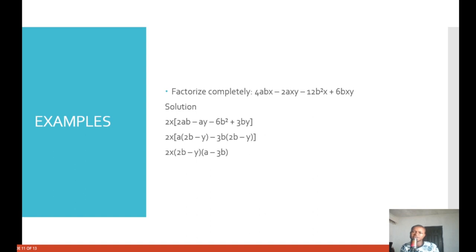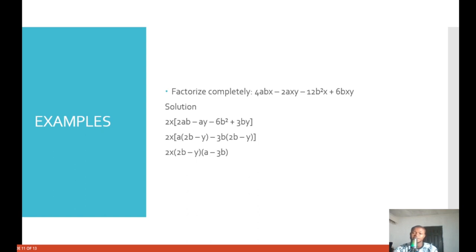Here we can see that 2x is common to all the expressions, so I've brought out 2x, and you can check that this is true. We factorize the one inside the bracket and arrive at this answer. You can take your time and check. It's just the application of what we have been doing, so we can check very well, and we see that it is true.